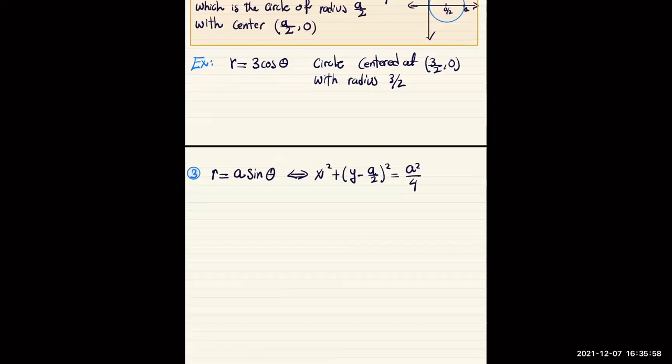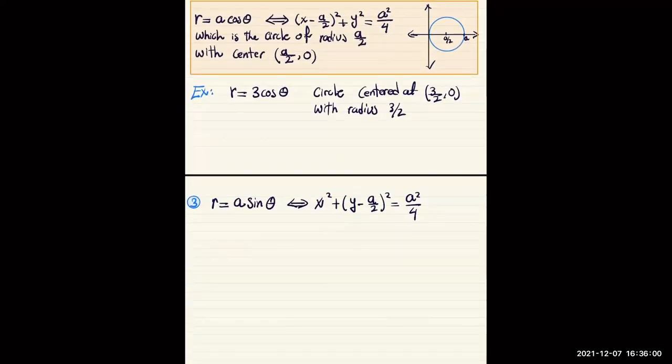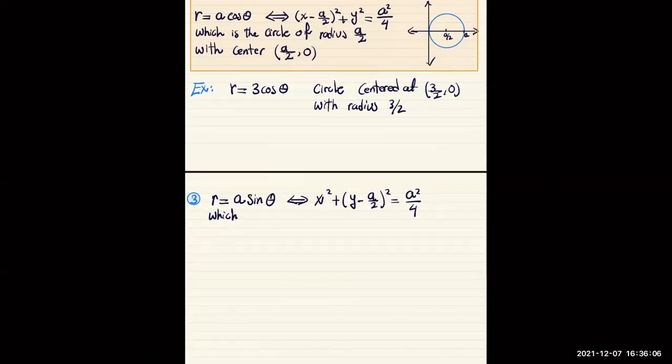This is the circle of, again, radius a over 2, centered at zero, a over 2.